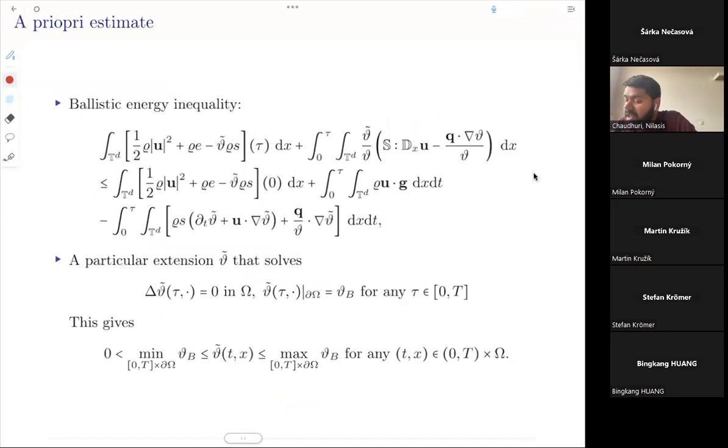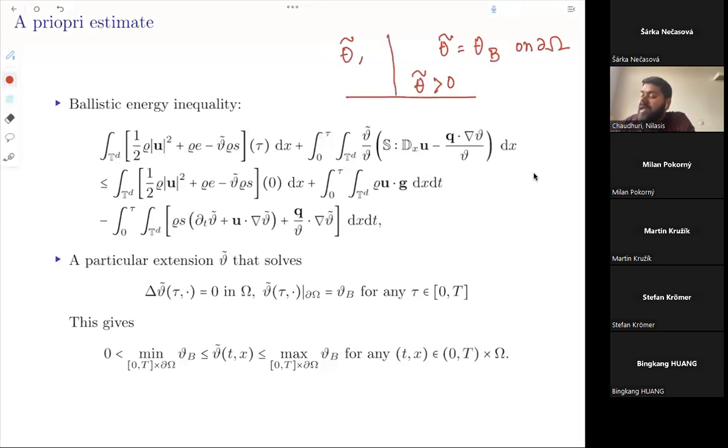So what is the thing we do? As we notice, this theta tilde is any extension such that theta tilde equals theta b, the boundary data of temperature, and this is positive. Also, for the time being, we consider theta b to be at least C2 on the boundary, although people suggest that it can be relaxed.